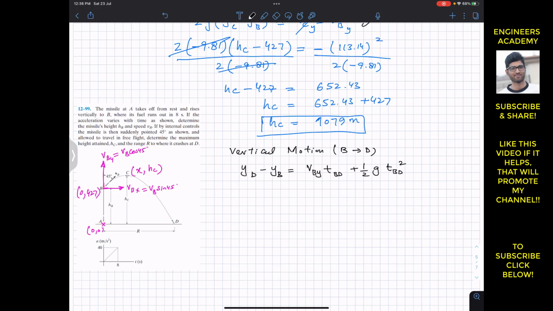So tbd is the time taken by the missile from B to D. This yd is the final y coordinate of the missile at D, and this yb is the initial vertical coordinate of the missile at B.